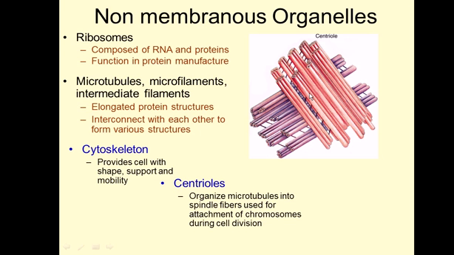These centrioles are made of microtubules, so these are proteins, and this centrosome region with the centrioles is called the microtubule organizing center, which means microtubules can arise from this region and result in the formation of spindle fibers. We will be talking about cell division shortly, in which you will see how these spindle fibers are formed, and together they make the mitotic spindle, and this mitotic spindle helps in the separation of the chromosomes.